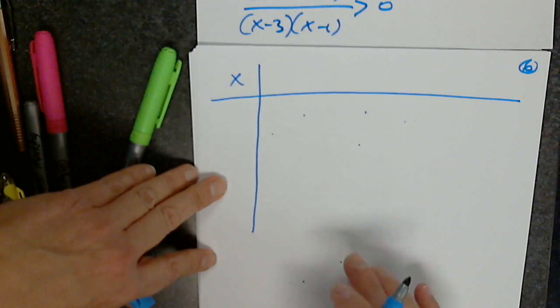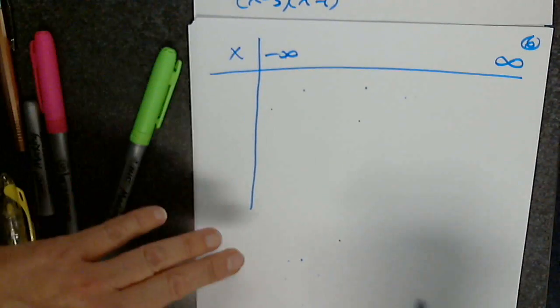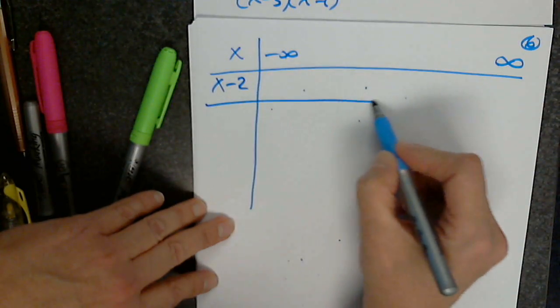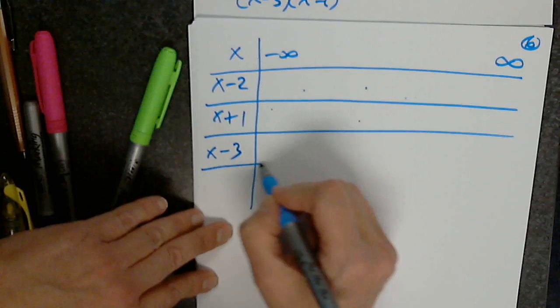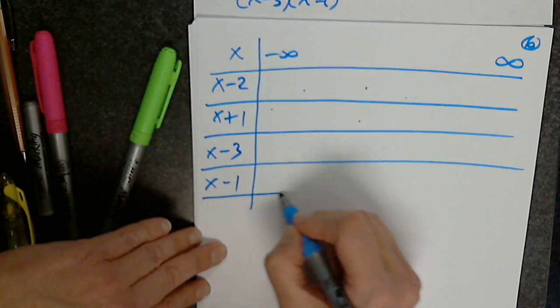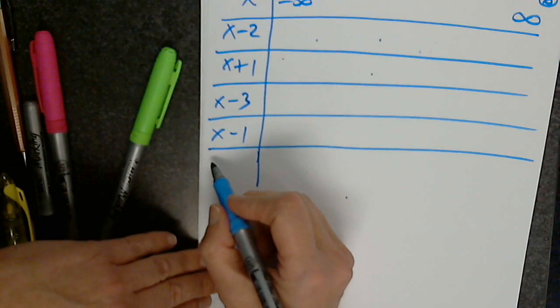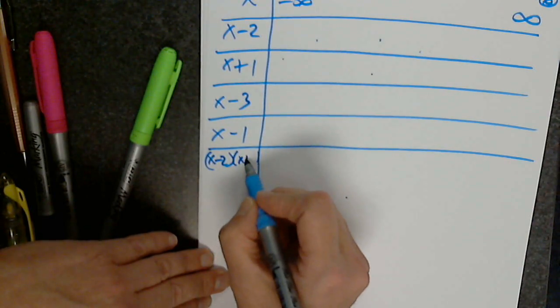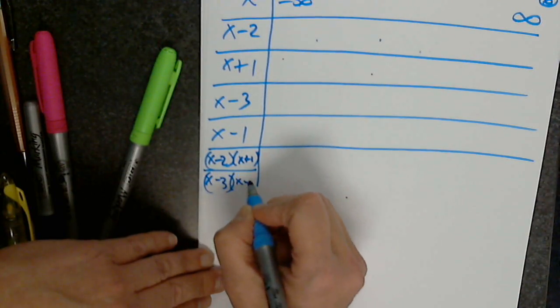X is the variable in the problem that goes from negative infinity to infinity. And now we have x minus 2, we have x plus 1, we have x minus 3, we have x minus 1. And what will be the last row? Everything. Very good. X minus 2, x plus 1, over x minus 3, x minus 1.